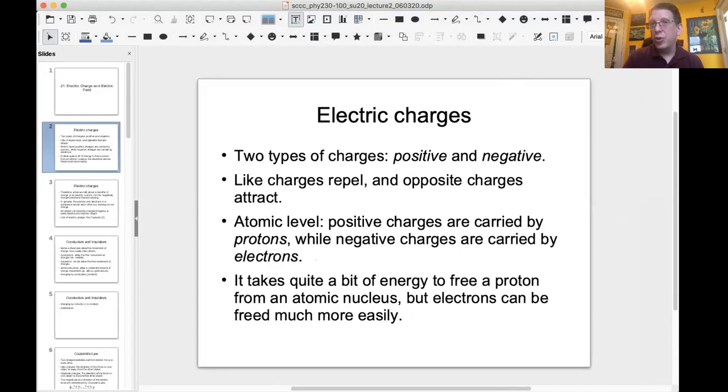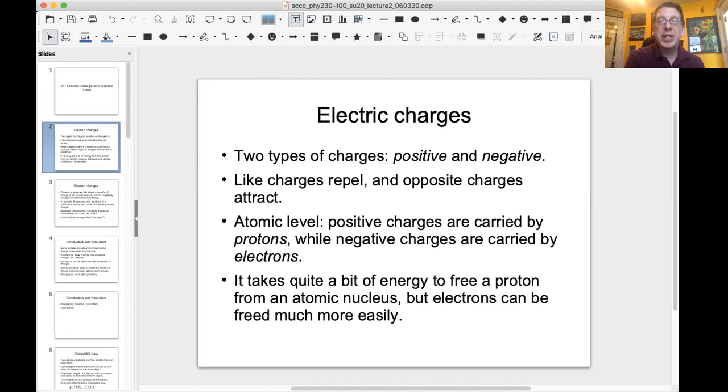He didn't know about the inside of an atom, so he didn't know the positive charges were carried by protons and negative charges were carried by electrons, which led to some confusing sign conventions that developed in the 1800s, really, and that were counterintuitive based on what we now know about the motion of things, because it's the electrons that do all the moving, and those are the negative charges.